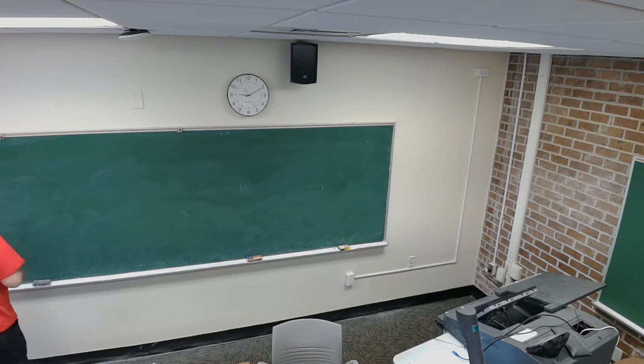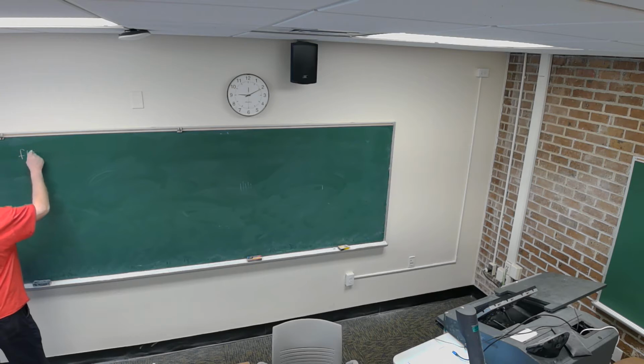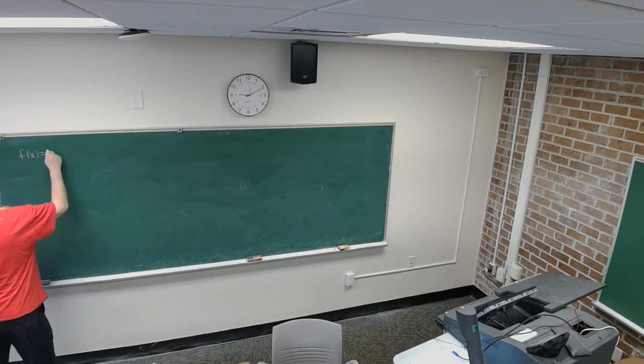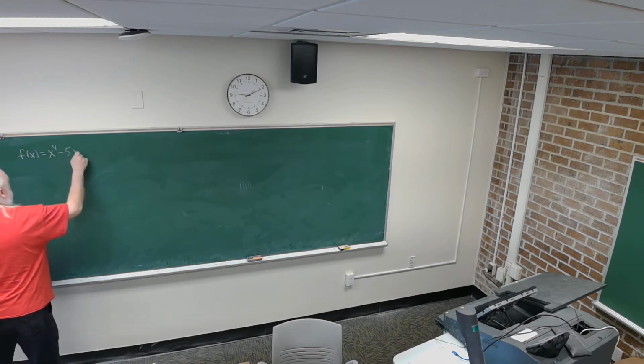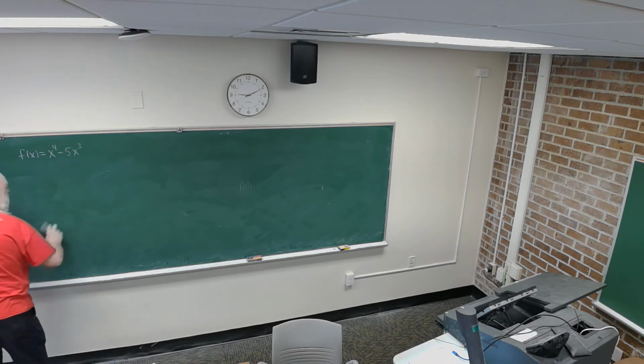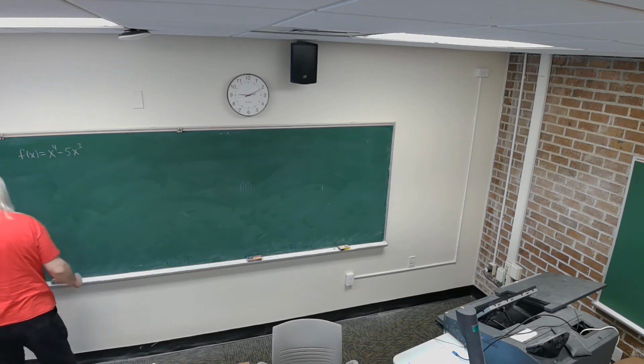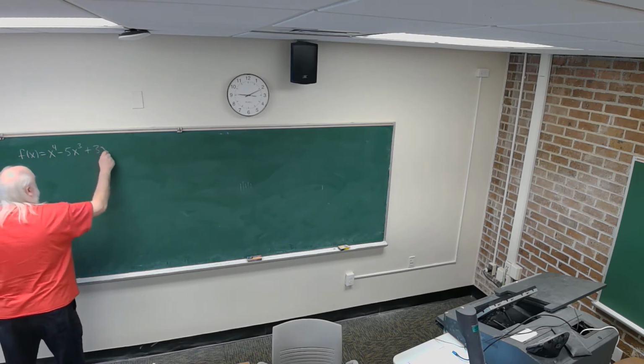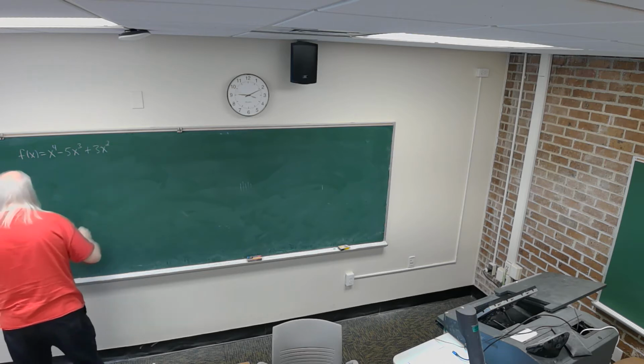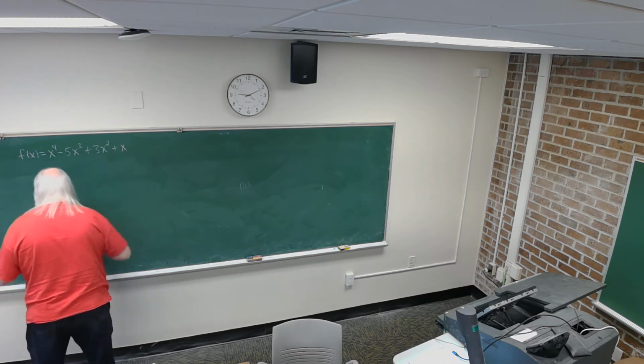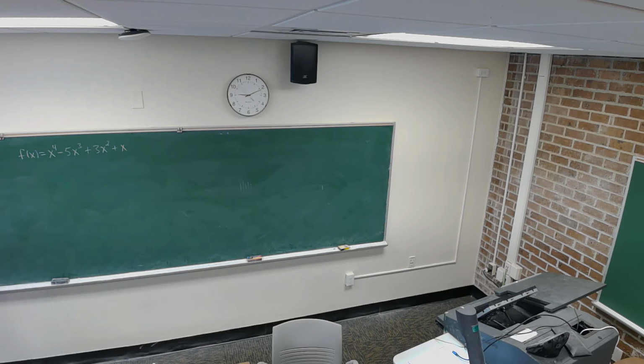So part A, we have the polynomial f of x is equal to x to the 4th minus 5x cubed plus 3x squared plus x. Well, right, we got to find all the zeros of this 4th degree polynomial.